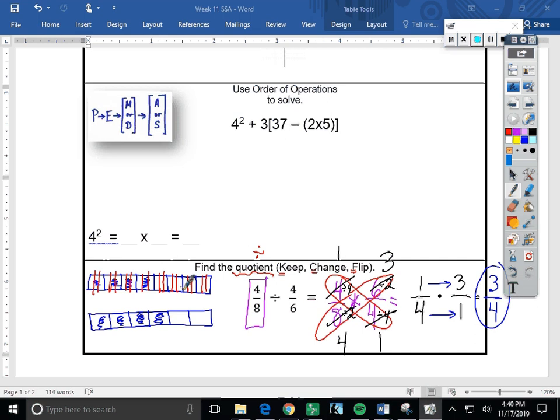Let me think about this. 3, 6, 9, 12, 18, 21, 24. I'm getting 27ths. I did something wrong. 3, 6, 9, 12. Helps if you can count by threes. 15, 18, 21, 24. There we go. We've got 24 little tiny pieces. I did split it correctly. I just couldn't seem to count.